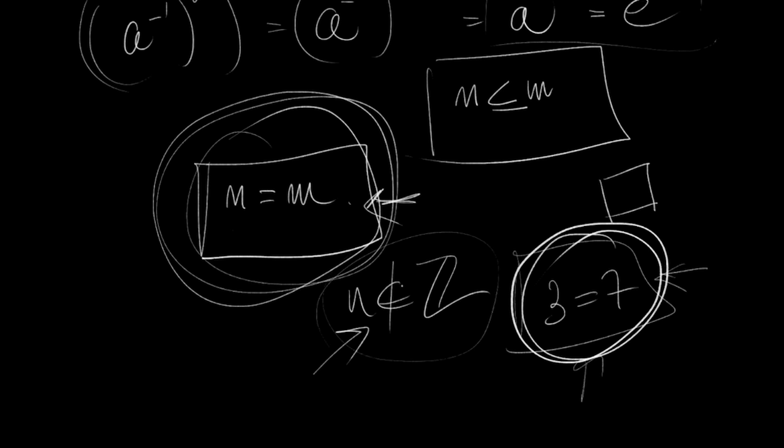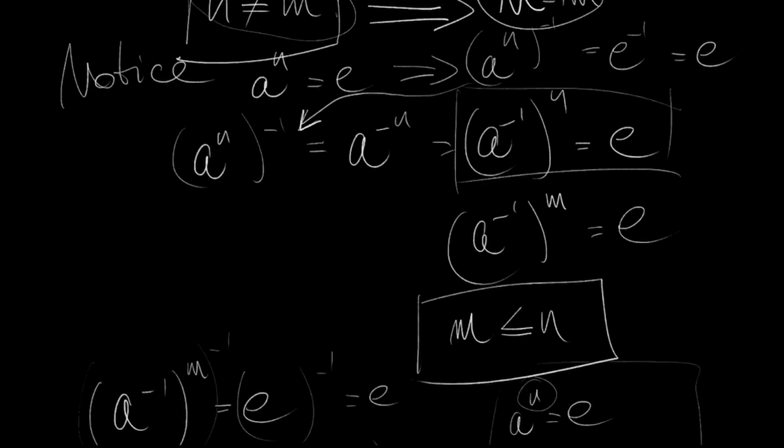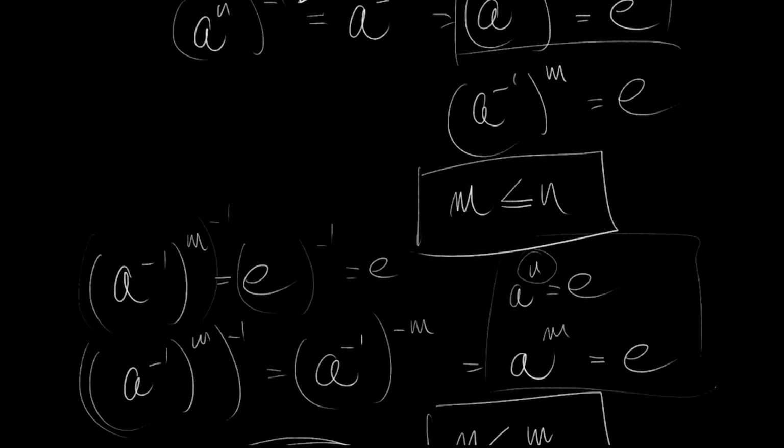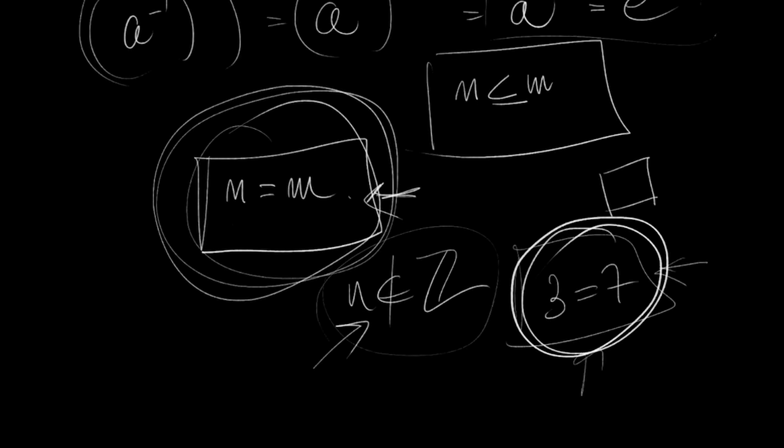So since this was our assumption, then this was true. All right. So again, this is not the result. It's funny that this is actually the result, but the result comes from the contradiction of our assumption. This is the element that contradicts our assumption, not the result.